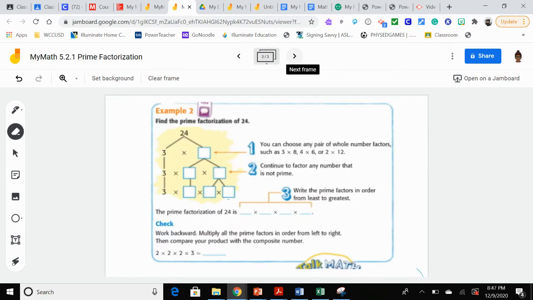So let's keep going. We're now on the next page, and we are at the top on the following page. Example 2. We're going to find the prime factorization of 24. So we're starting with this 24 right here, and we're decomposing it. We are decomposing it into 3 and 8. I kind of want red.